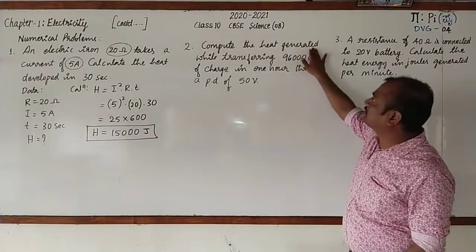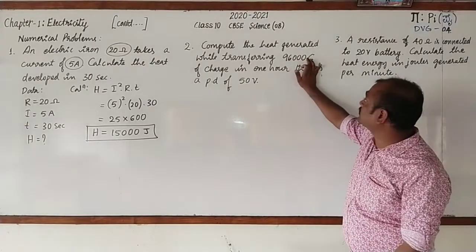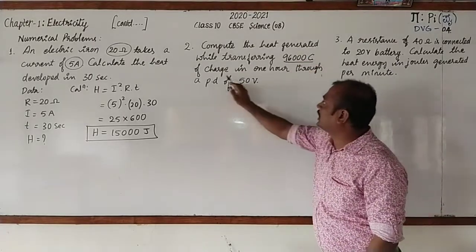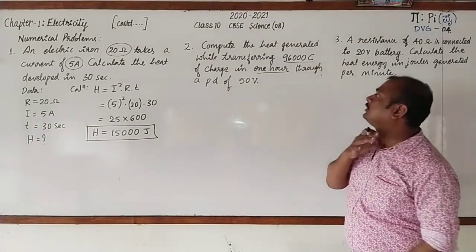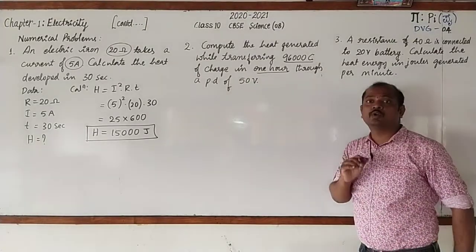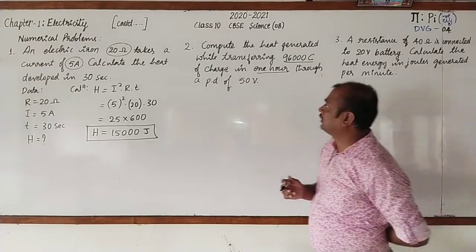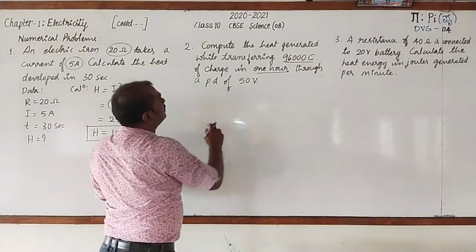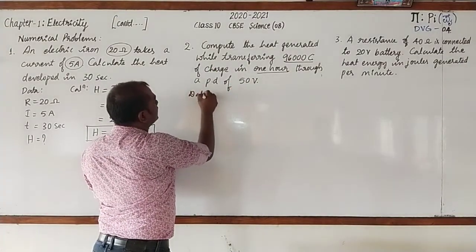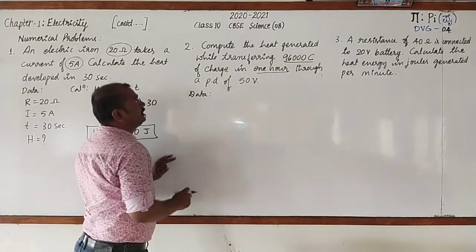Compute the heat generated while transferring 96,000 coulomb of charge in 1 hour through a potential difference of 50 volt. Then how do you go for finding it out? Observe. Here you are going to find out the heat generated. To find out that, first let's go for writing the given information.